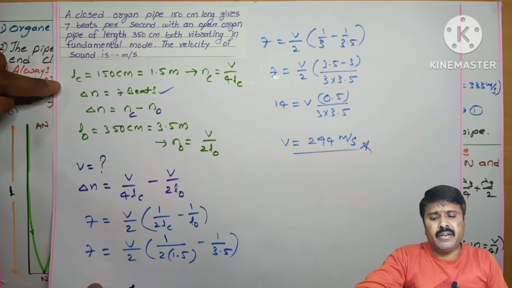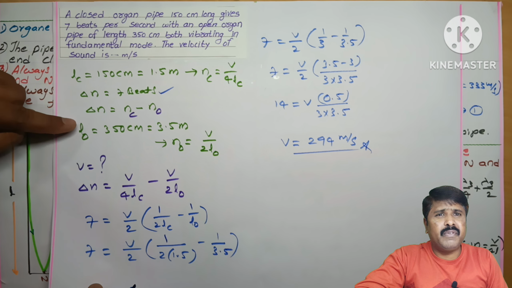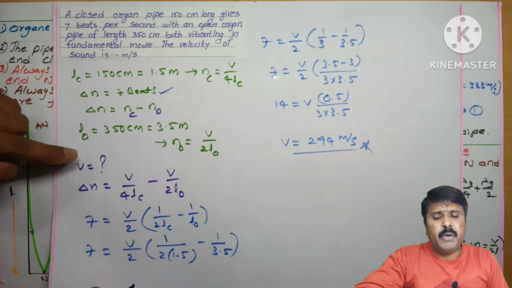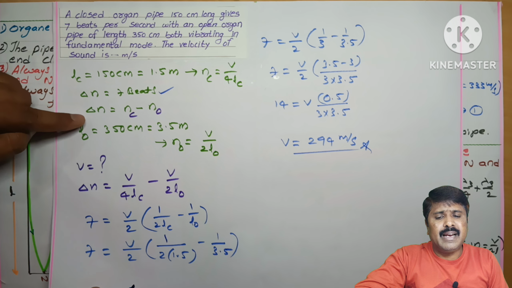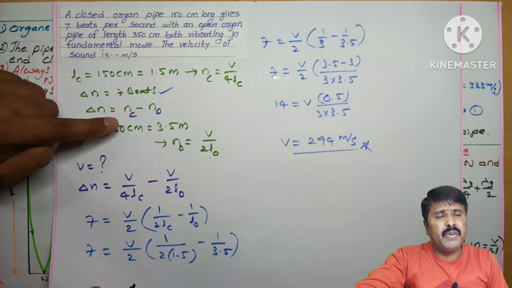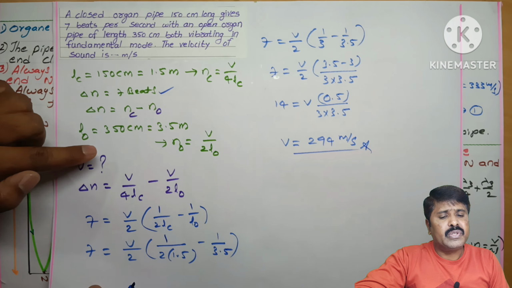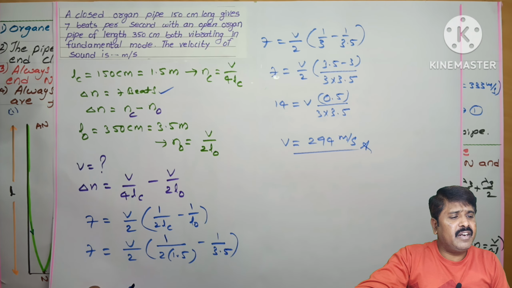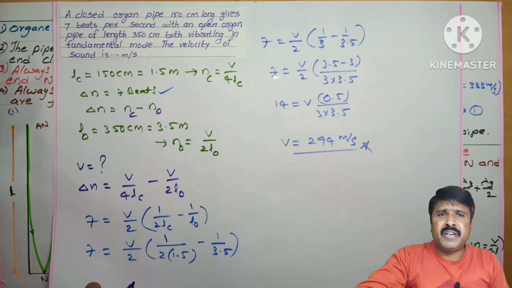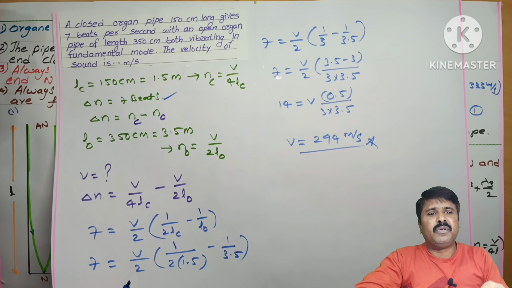See clearly, what is the condition given? There is a beat frequency between the closed pipe and open pipe, that is delta N equal to 7 beats given between the closed pipe and open pipe. Both lengths are given, so velocity of sound is asked, that is 294 meter per second I got according to the question.